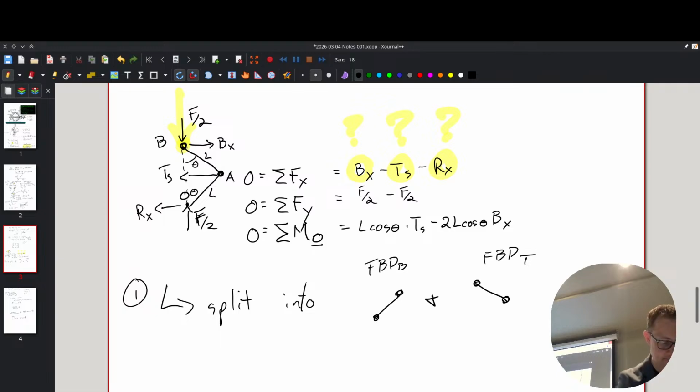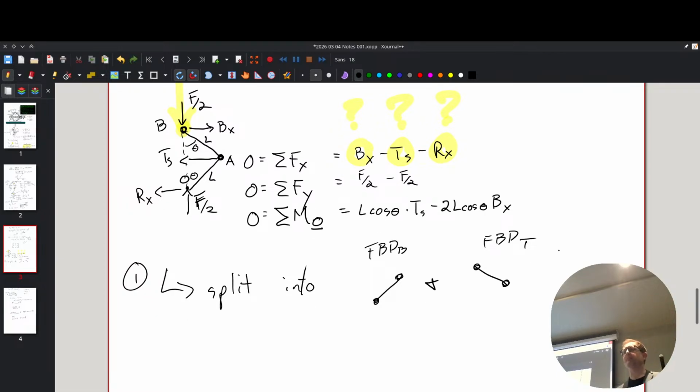Called B and T. Another one is that because everything is supported by pins, we're not applying any moment to our structure. Does that make sense?